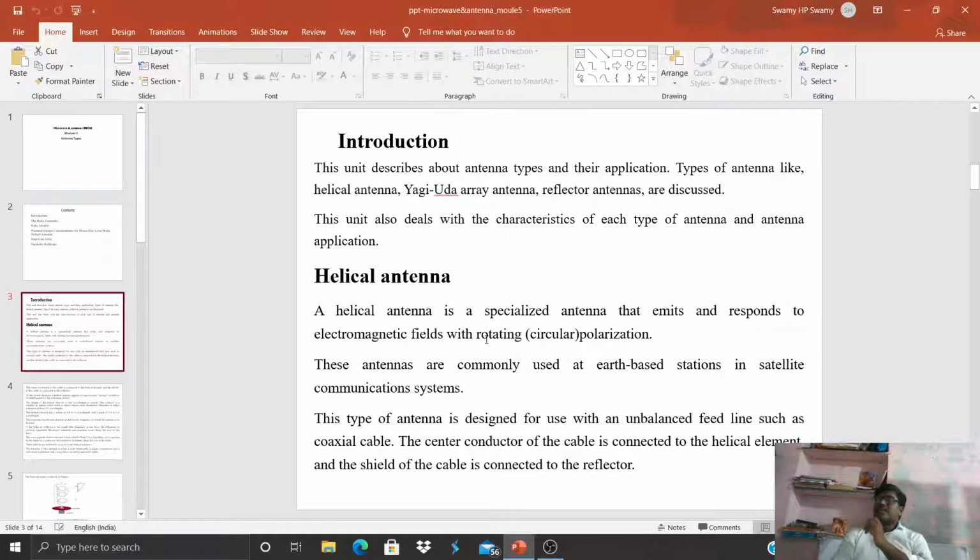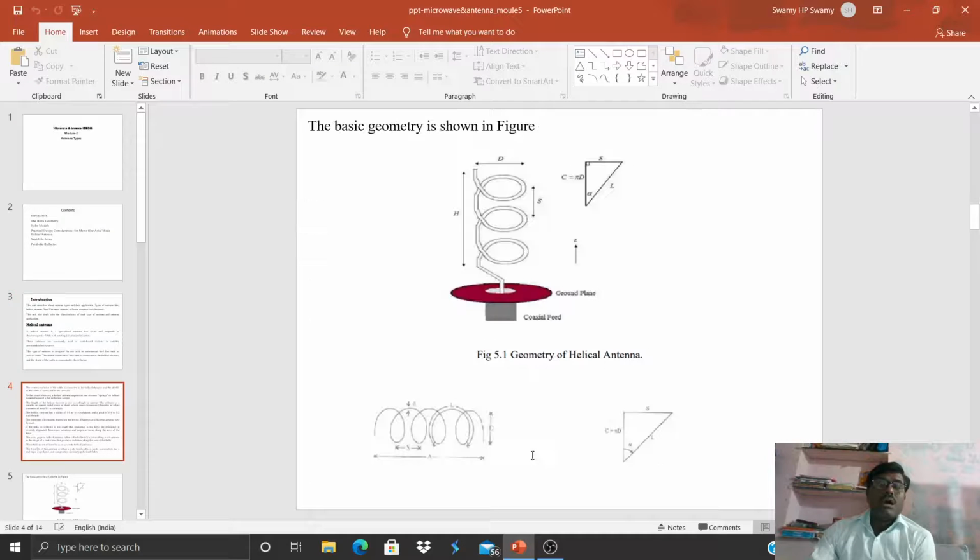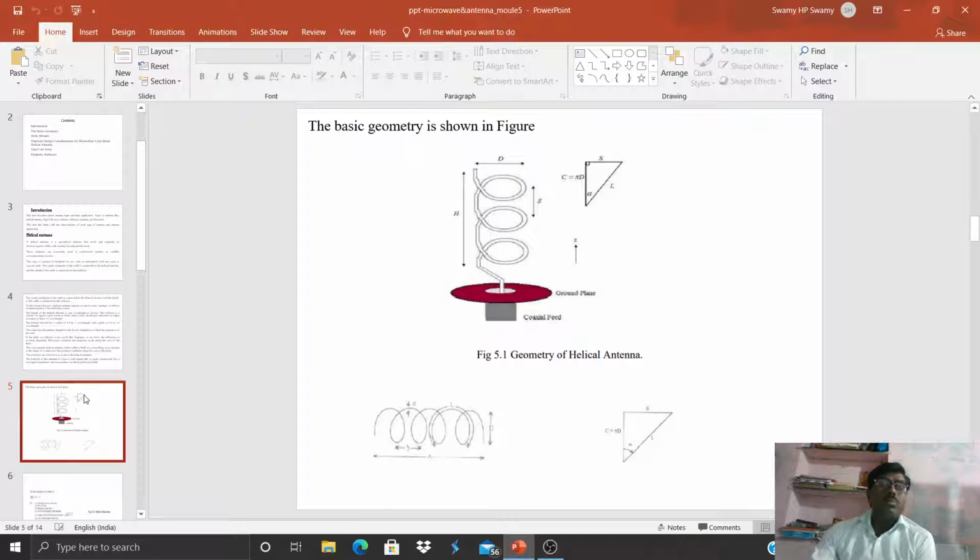Usually in a coaxial cable you have an outside circular pipe, and its axis and the cable axis are the same, so it is called a coaxial cable. So the copper wire of the coaxial cable is connected to the helical element, whereas the outside shield is connected to the reflector.